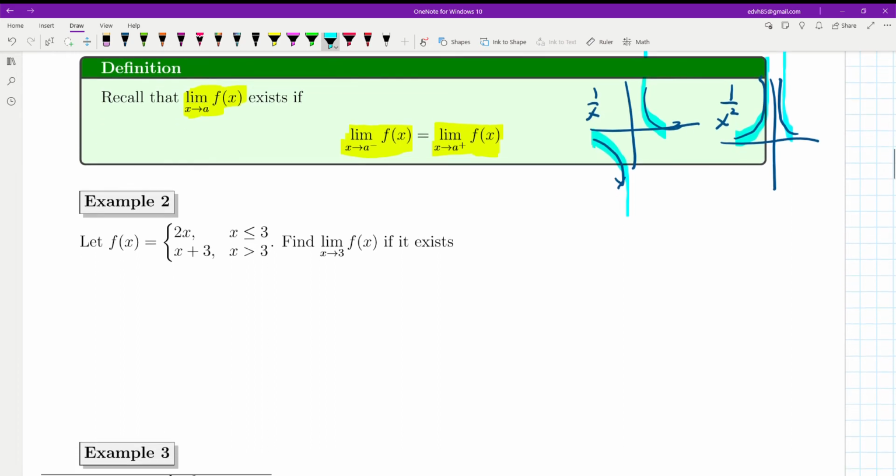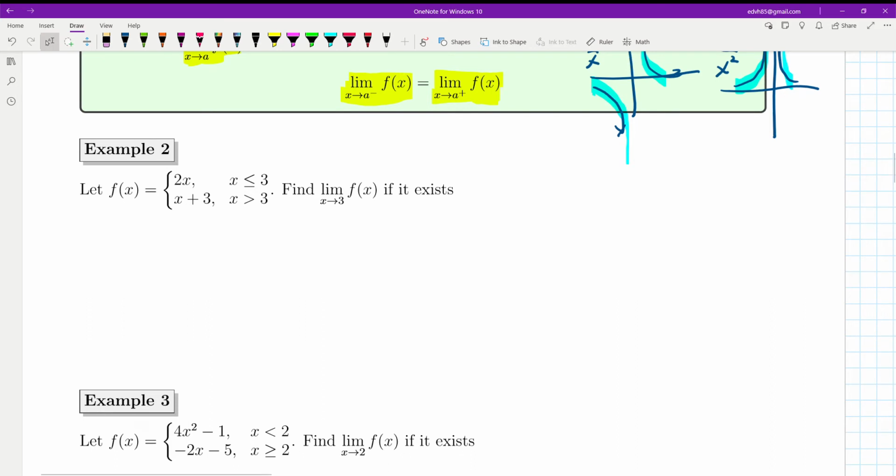Now let's look at one case in which we determine whether these limits exist or do not exist. On the one hand, we need to determine the limit from the left and the limit from the right. For the limit from the left, we're going to use this expression.